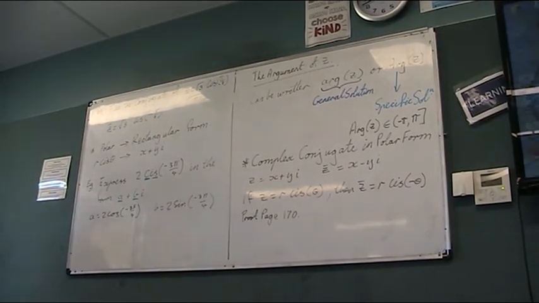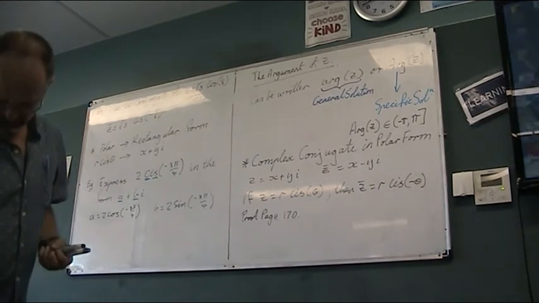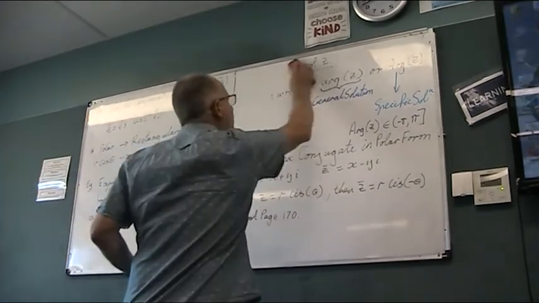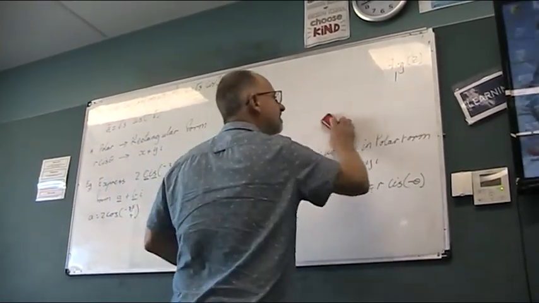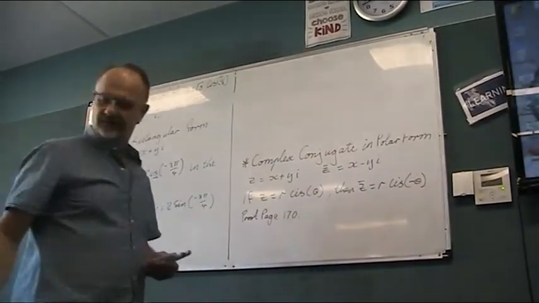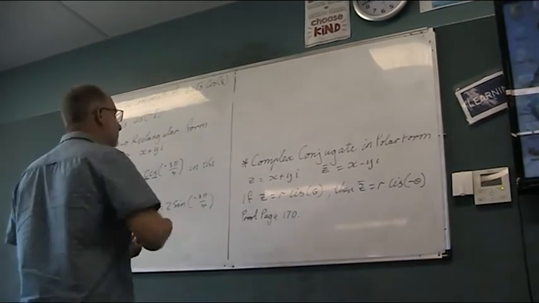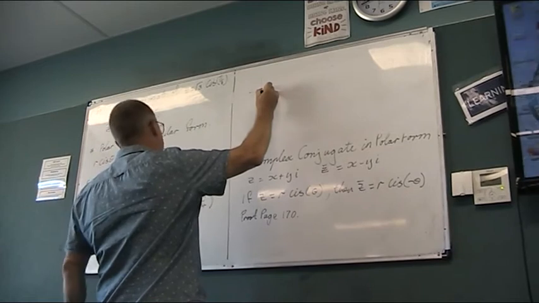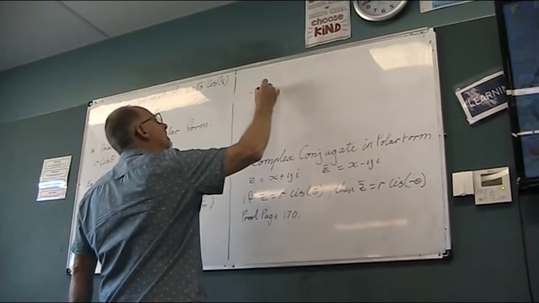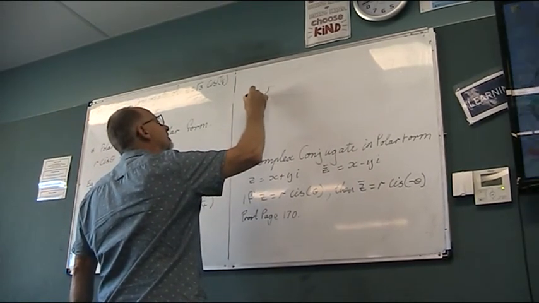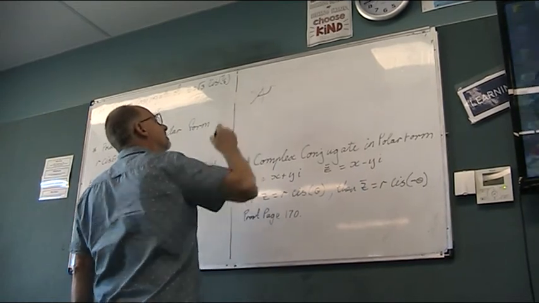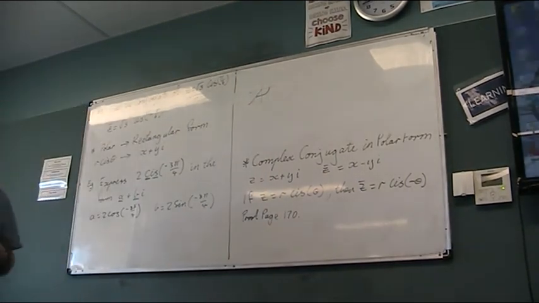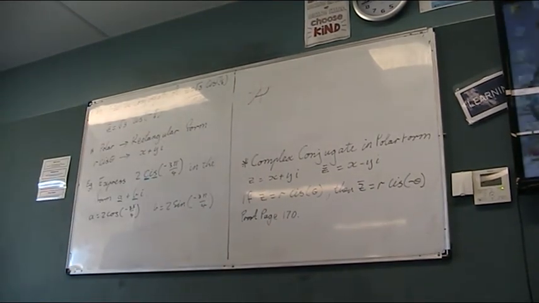And so we need to know what the signs of those things are. So negative 3 pi on 4, what quadrant's that in? Rough sketch. Negative 3 pi on 4 goes this way in the negative direction to here. It's in the third quadrant.